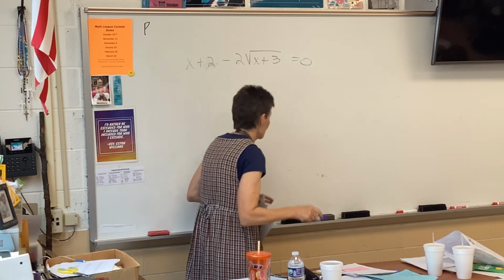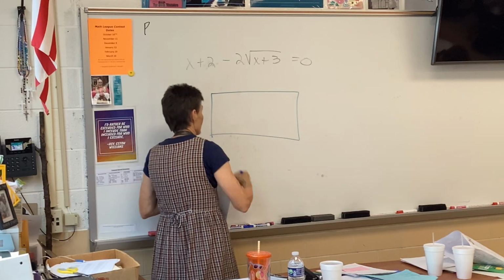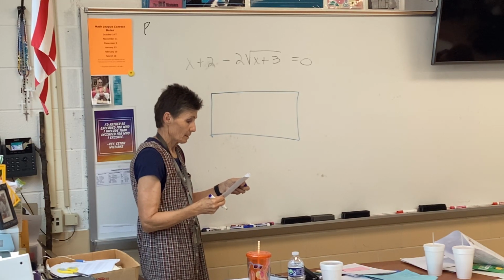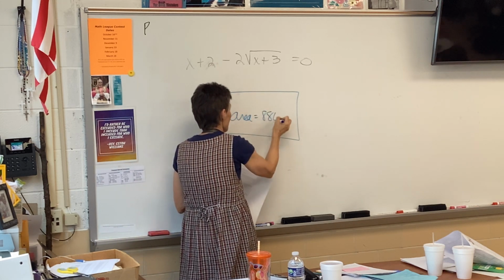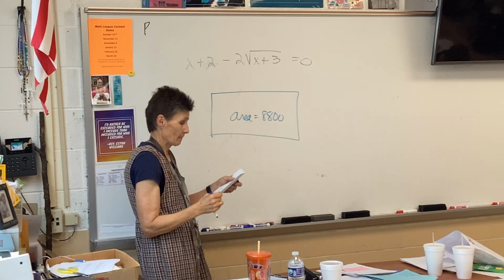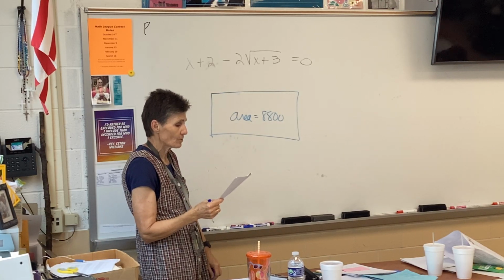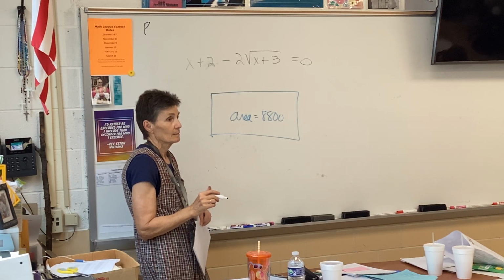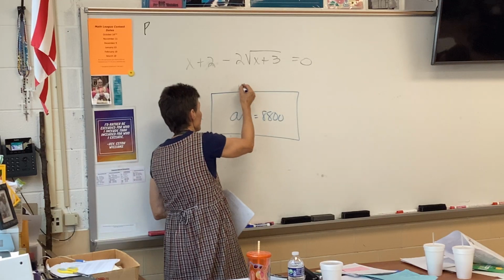All right, let's draw a picture. There's my soccer field. The area, that's 8,800. The field is 30 yards longer than it is wide. So x and x plus 30.